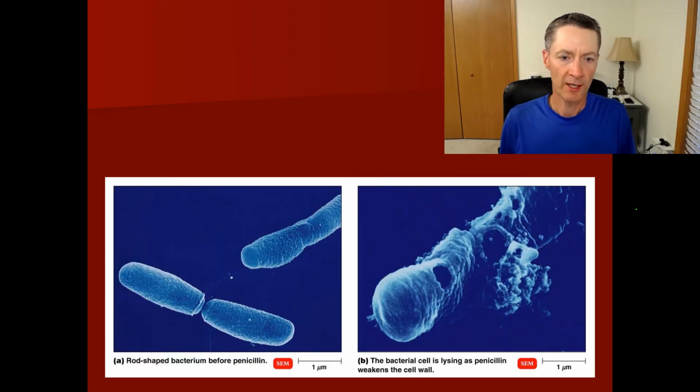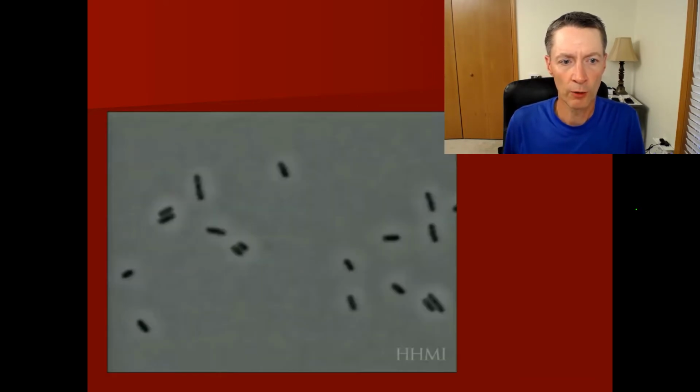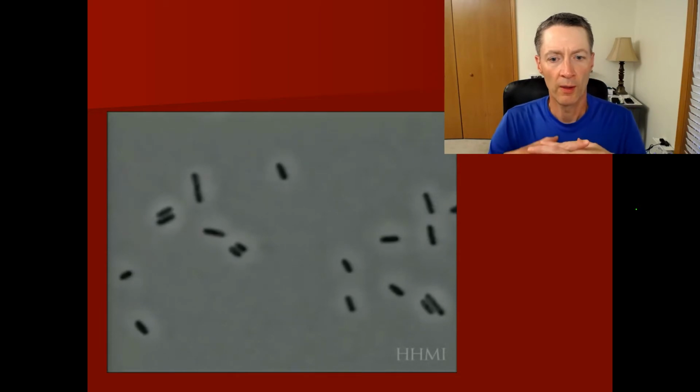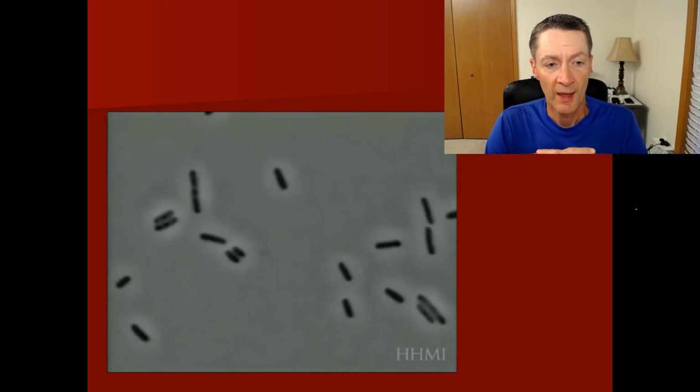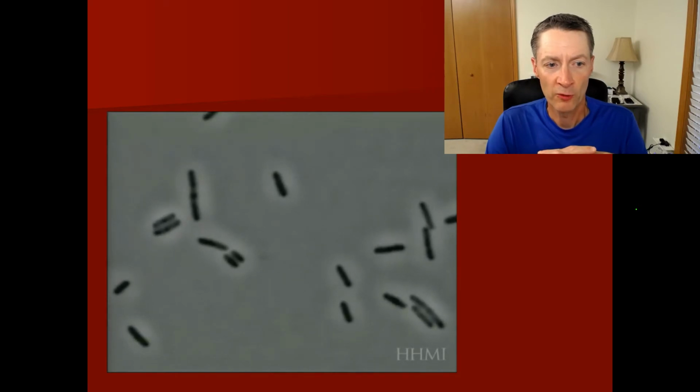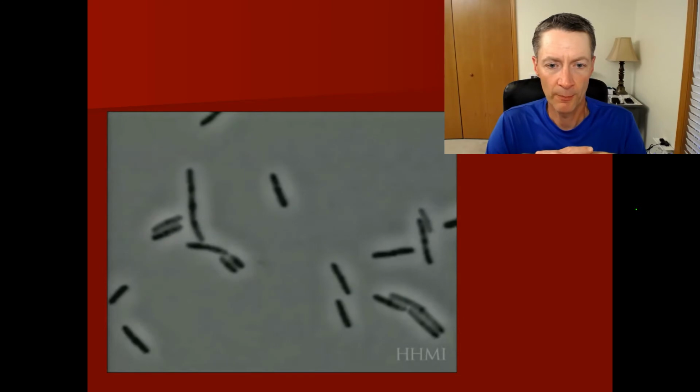So here we have a couple cells that are being destroyed because they can't maintain their cell walls. And here we have a little video. Hopefully it works here. Let's see. This is a little video of cells, which definitely look like bacillus cells. And they are growing, but there's some kind of penicillin family antibiotic in here.